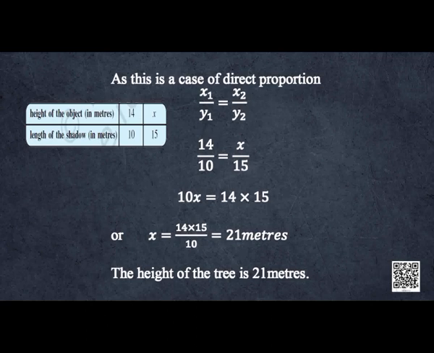By cross multiplication, we will get 10x is equal to 14 into 15. That is, x is equal to 14 into 15 divided by 10, which is equal to 21. So, the height of the tree is 21 meters.